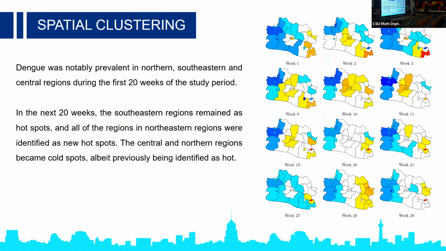In the next 20 weeks, the southeastern regions remained as hotspot, and all of the regions in the northeastern regions were identified as a new hotspot. The central and northern regions became cold spots, although previously identified as hot. So there are transitions between all of the regions during the 40 weeks of observation data.